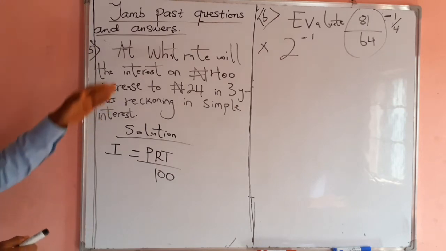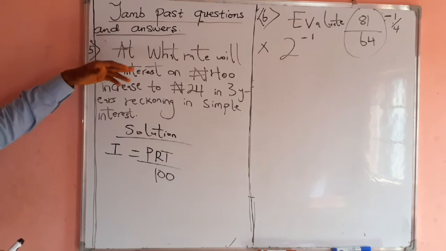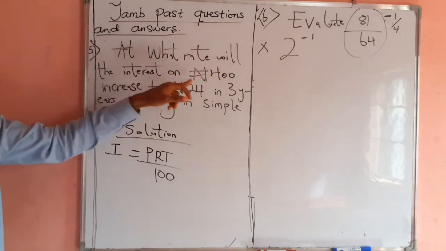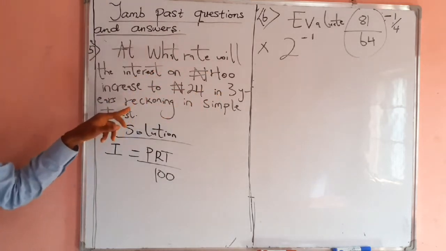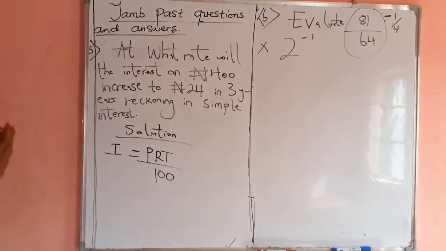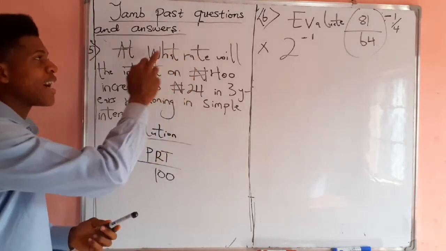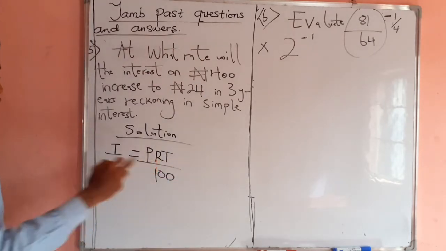Let's read the question and see the information given to us. At what rate will the interest on 400 naira increase to 24 naira in 3 years, reckoning in simple interest? So the question is asking us to find the rate. Rate is over here, if you look closely.